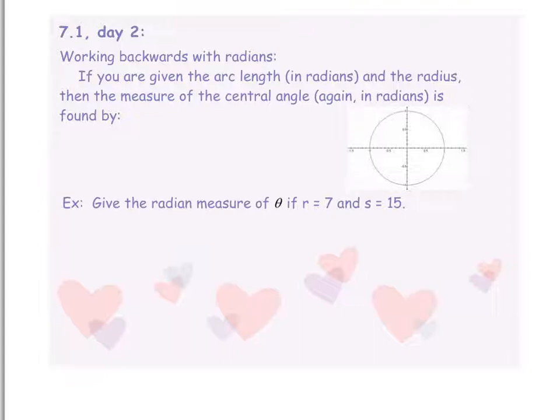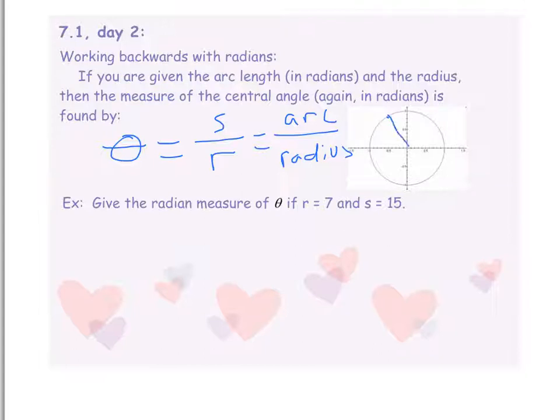It is defined that if we have an angle in a circle, in particular a central angle, it is the intercepted arc length over the radius of that circle. So again, we could divide that as arc over radius.